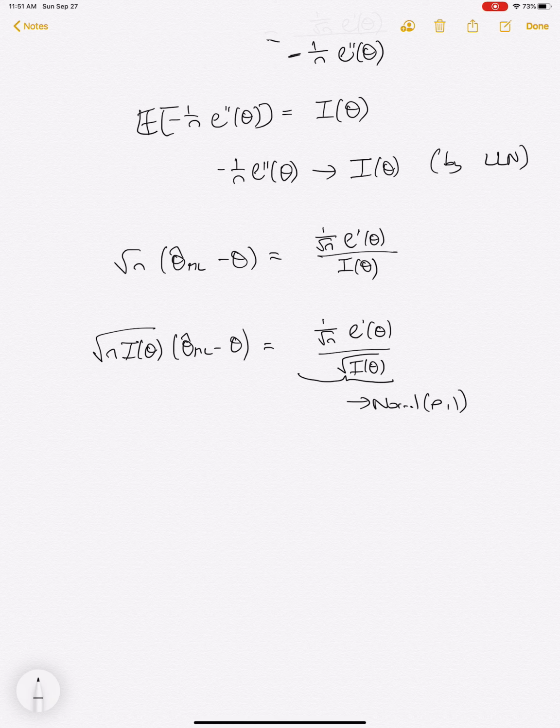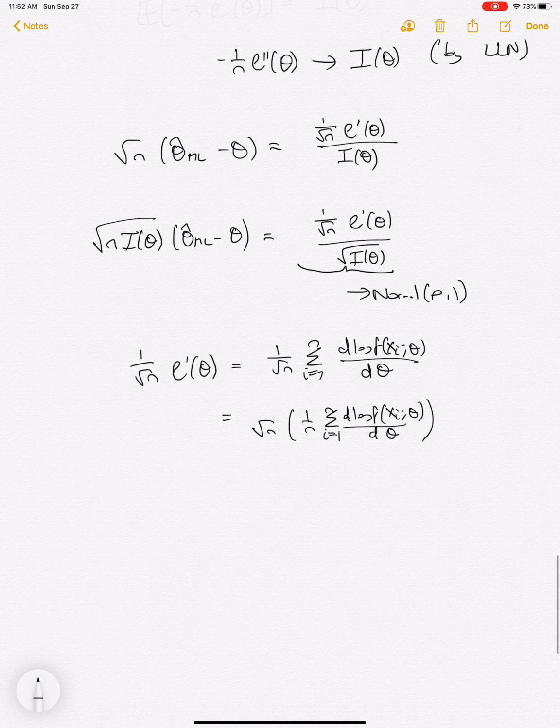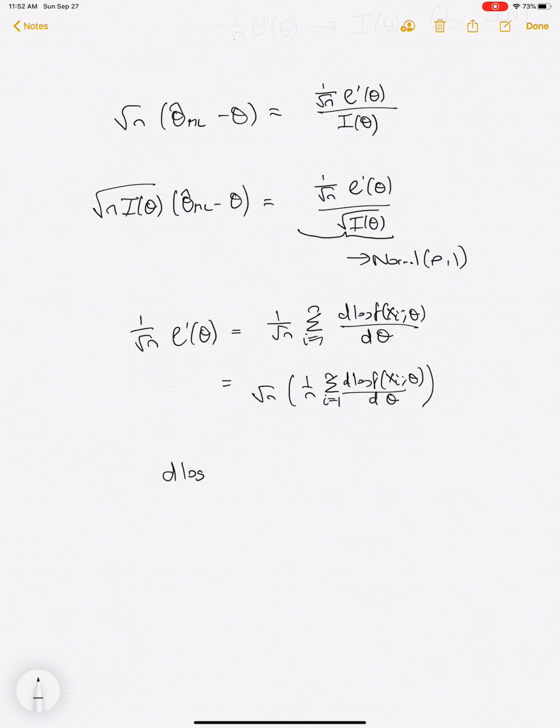And the basic idea is as follows. Note that 1 over square root of n L prime of theta is 1 over square root of n times the summation i equals 1 to n of d log f, and you can rewrite that as square root of n times 1 over n of the sum. There are a few interesting properties of this random variable.